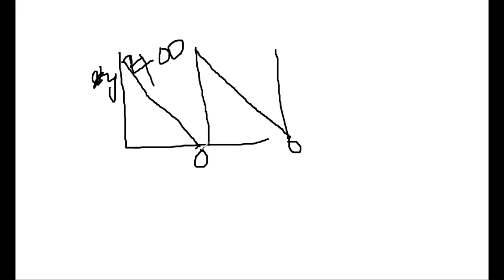Automatically it reaches zero, then again I go for a 400 order. Again I wait till it reaches zero, and again my order will go to 400. So likewise I'm trying to maintain a minimal cost.